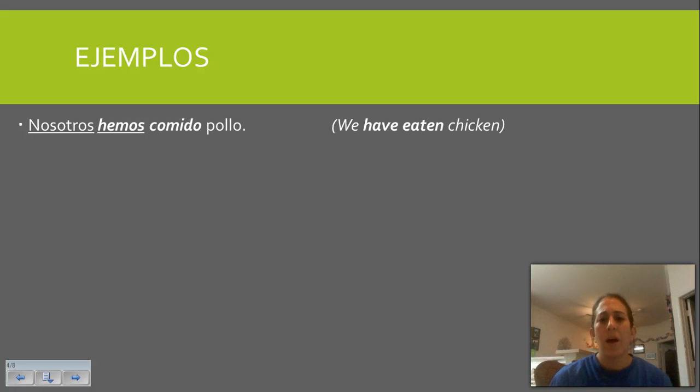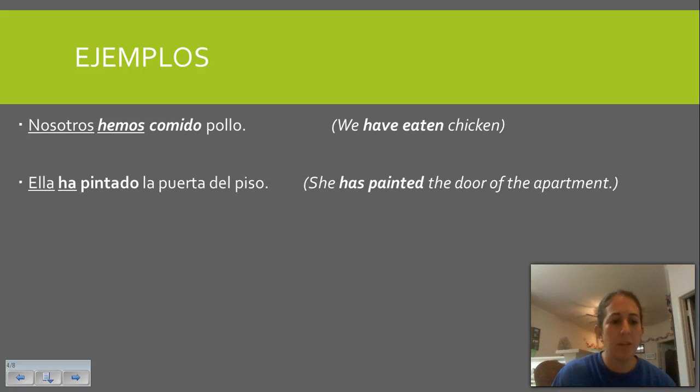So to build on this sentence, we could say nosotros hemos comido pollo cada día esta semana. We have eaten chicken every day this week. There you go. Another example, ella ha pintado la puerta del piso. She has painted the door of the apartment. There you go. So those are some examples, and you have those on your notes as well.